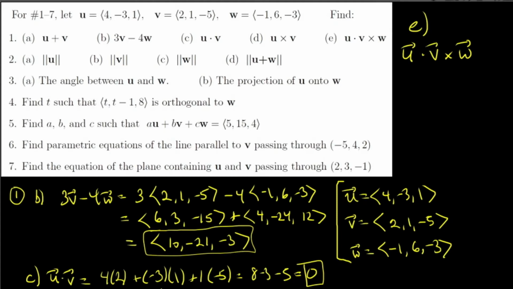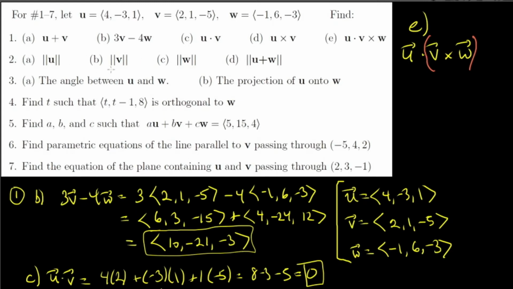Well, one way makes sense, one way doesn't. If you take the dot product of U and V first, you get a scalar cross product with a vector, which makes no sense. So you have to do it this way: in parentheses, you do V cross W first, and then take the dot product with U.